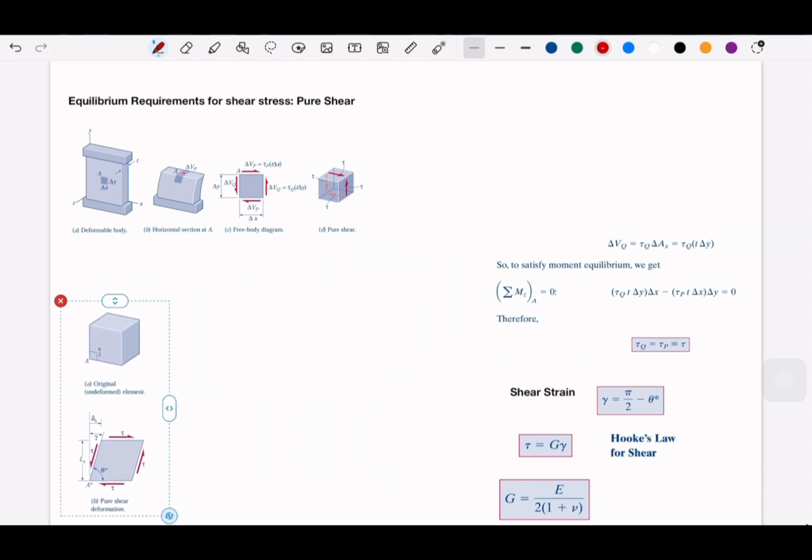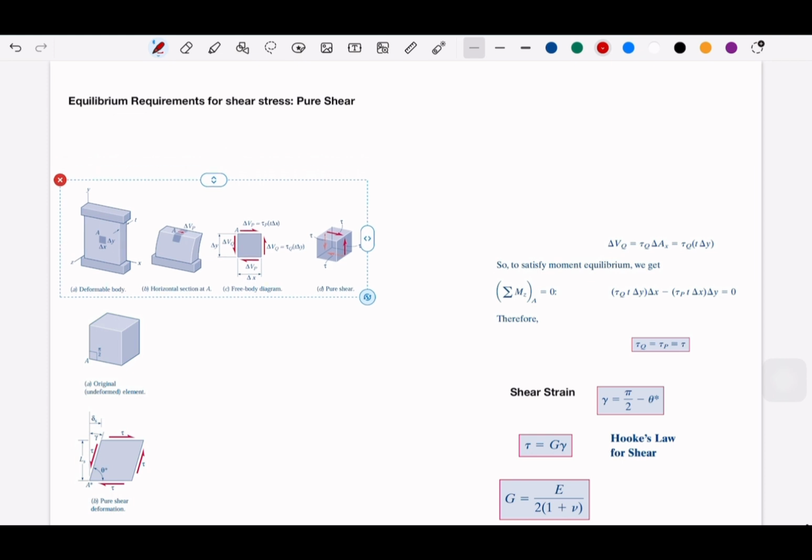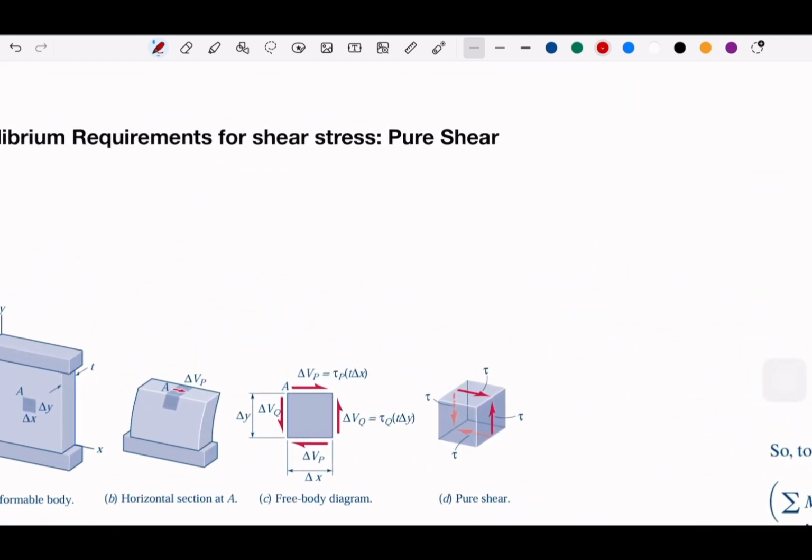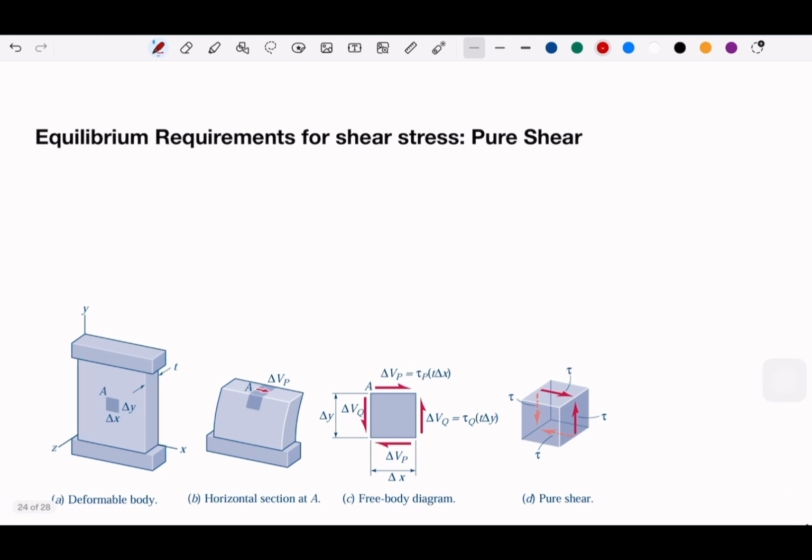So let me bring this down first. Okay. So far we have considered, let me write here, so far we consider the tau average on some surfaces or a particular surface.